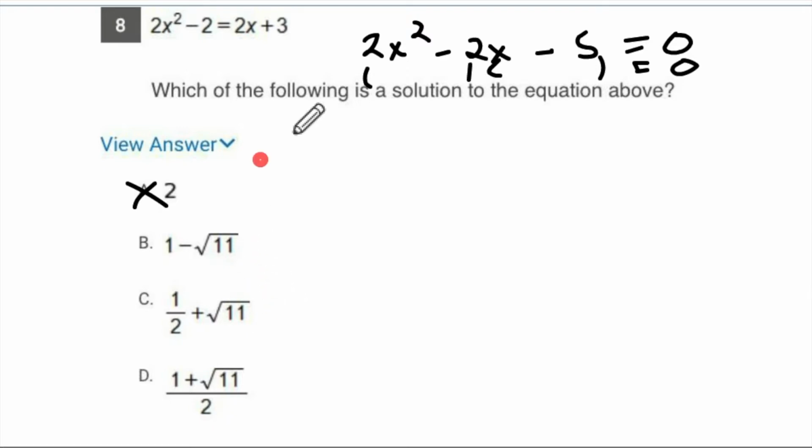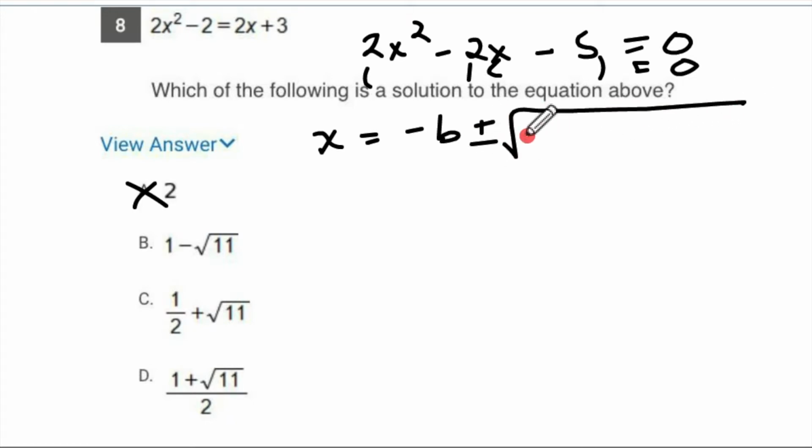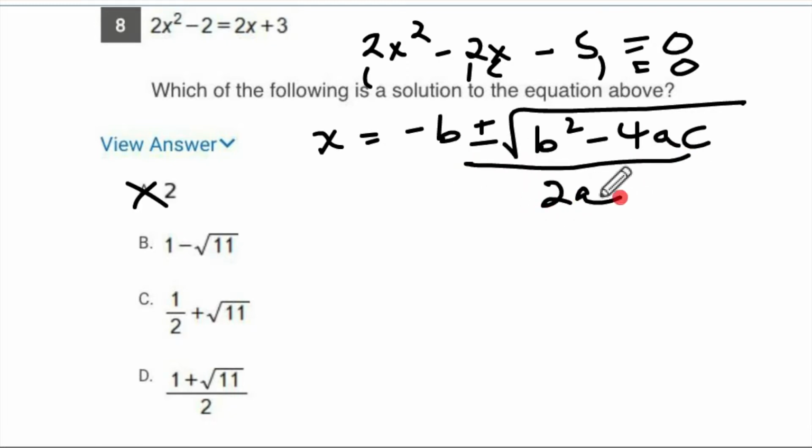So here we go. You need to know this. Hopefully you knew this. Negative b plus or minus the square root of b squared minus 4ac all over 2a. Plug in your numbers. So x equals... now let's just do this real quick. a equals 2, b equals negative 2, and c equals negative 5.